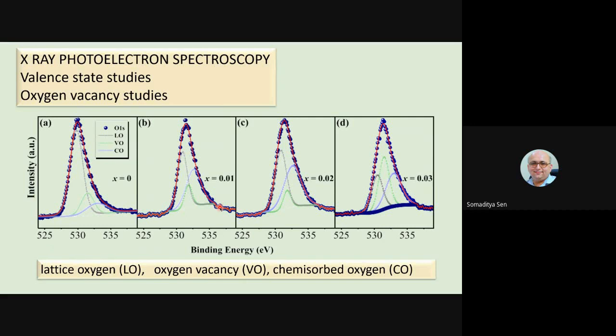It's obvious because you are putting in a lesser charge, so it cannot retain all the oxygens that it used to. So depending on the percentage, it has increased the oxygen vacancy content.